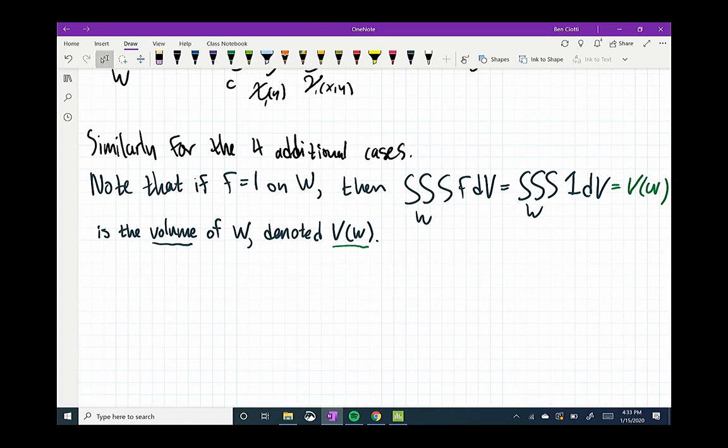In fact, I introduced this for a reason, because we can use it to talk about averages.